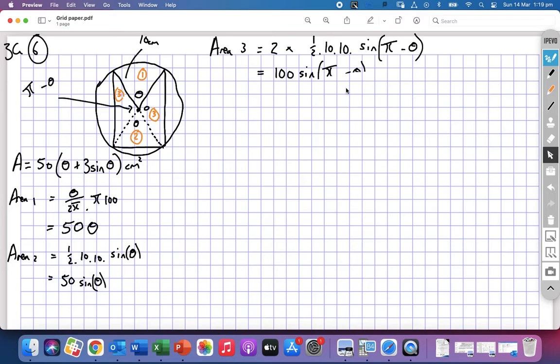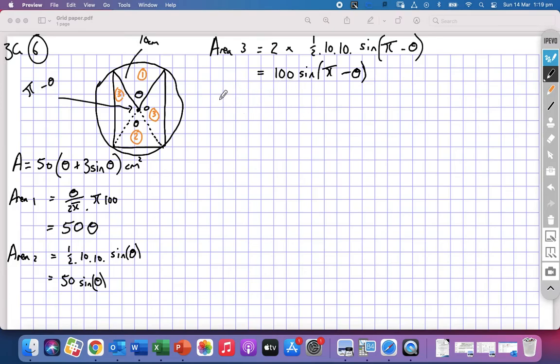However, the question was giving you a clue, right? Once you expanded this out and you saw that there was 150 sine thetas, you could have thought, well, I've got 50 sine thetas and 100 sine pi minus thetas. I wonder if sine pi minus theta is the same as sine theta.